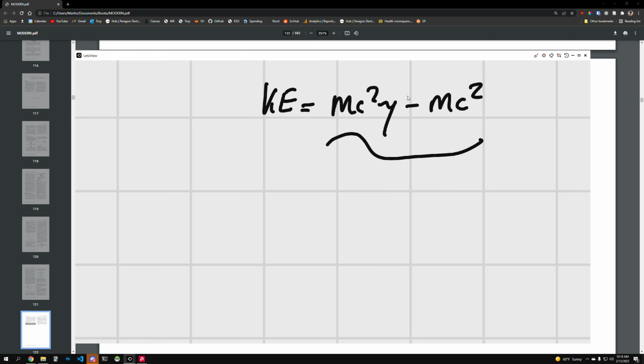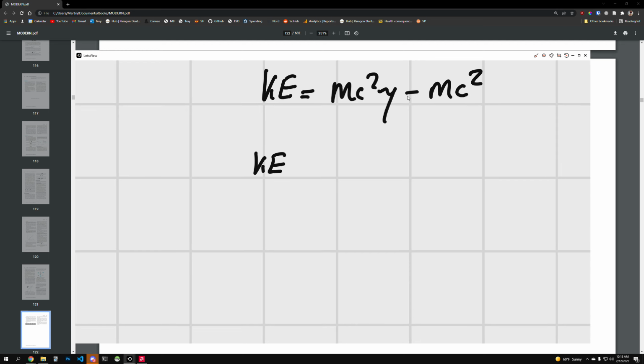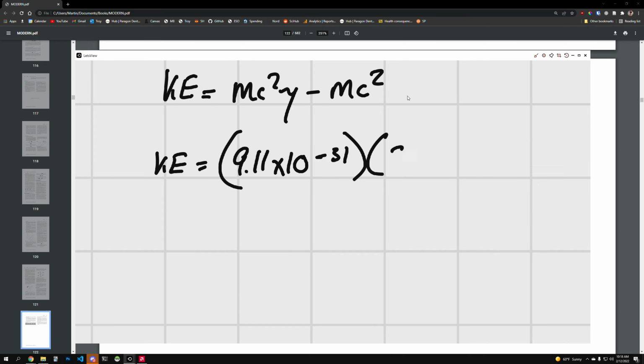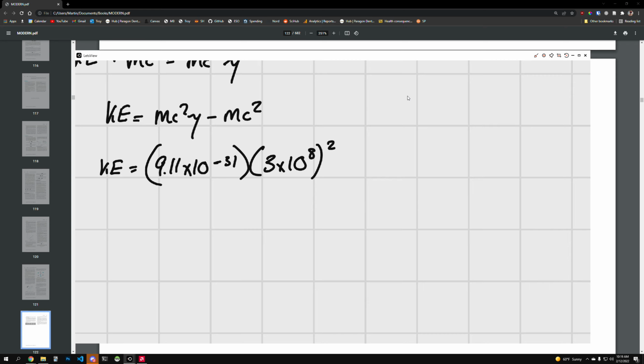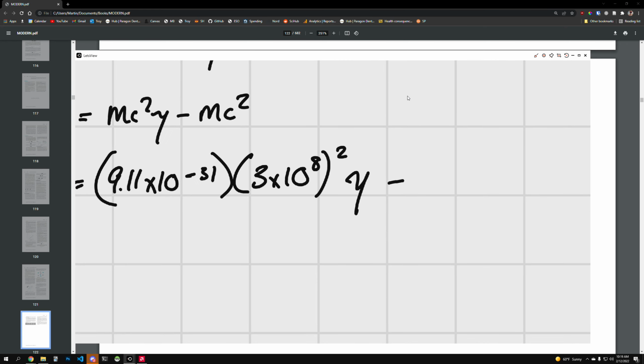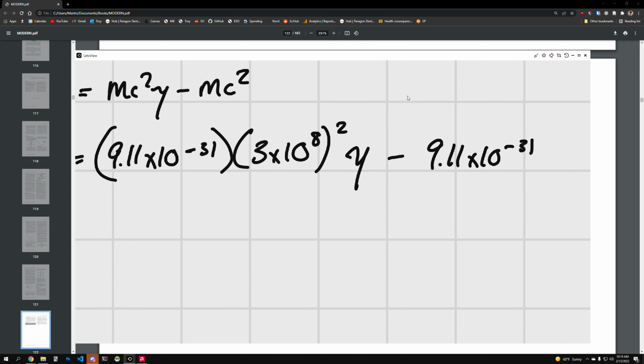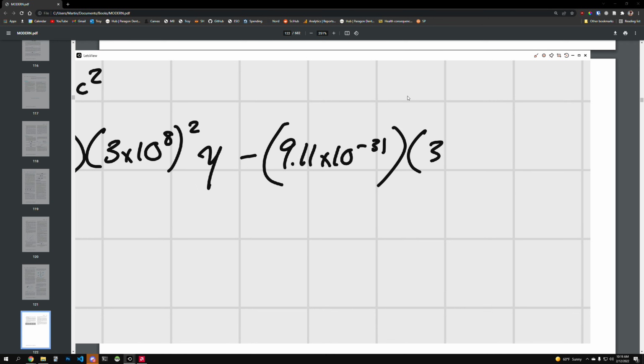And so this difference should give us our kinetic energy. And we know all these values, so the kinetic energy is equal to 9.11 times 10 to the negative 31 times 3 times 10 to the 8th squared, times the gamma factor, minus 9.11 times 10 to the negative 31 times 3 times 10 to the 8th squared.